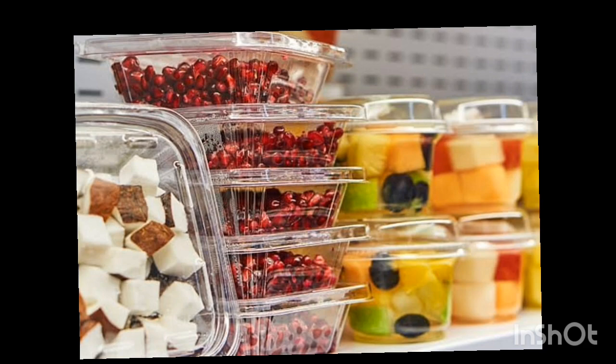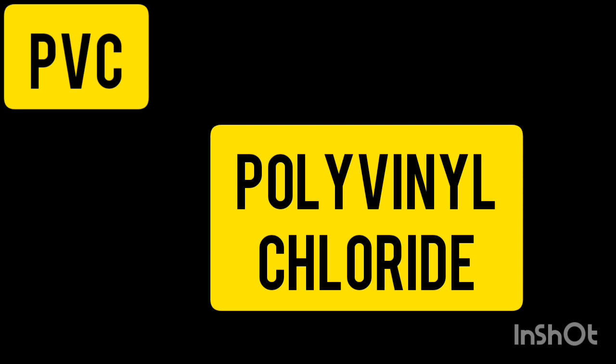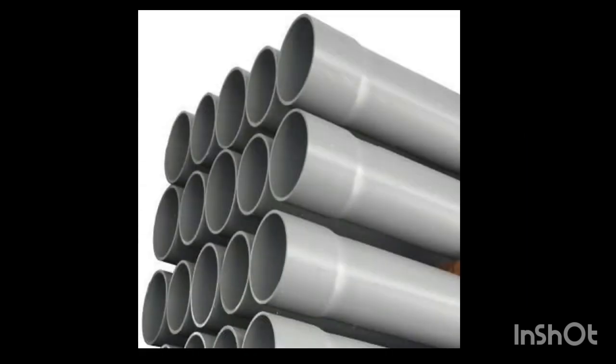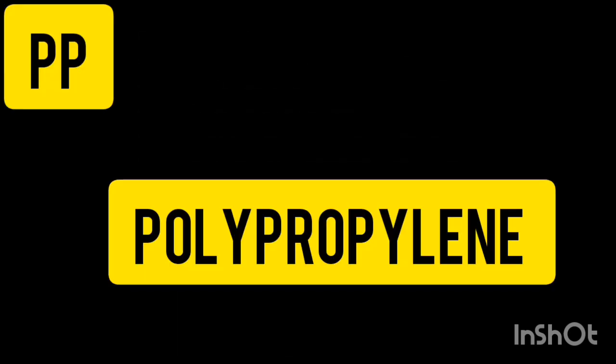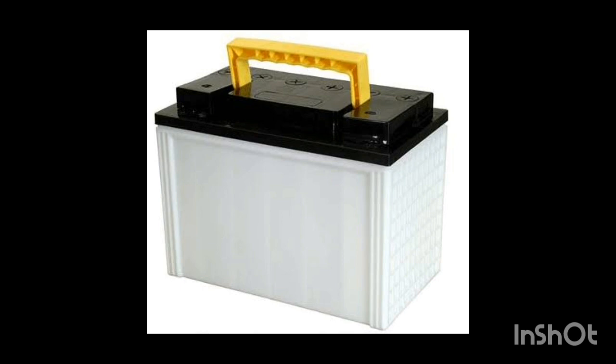Then next comes PVC. PVC means polyvinyl chloride. Polyvinyl chloride is used for making pipes for sanitary fittings, that is water pipes, etc. Then PP, polypropylene. Polypropylene is used for making ketchup bottles, yogurt containers, medicine bottles and automobile battery casings.